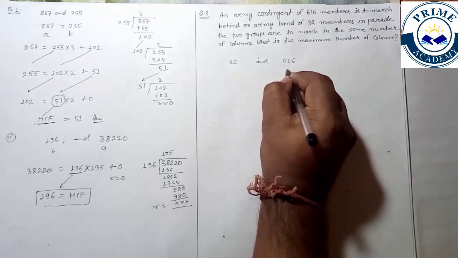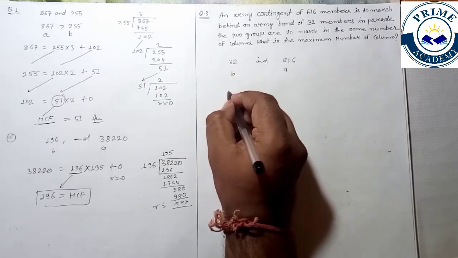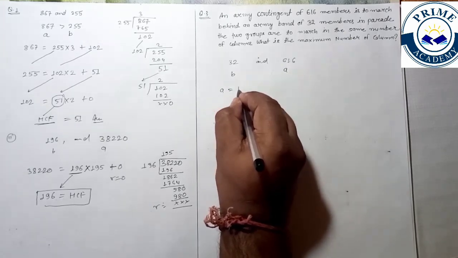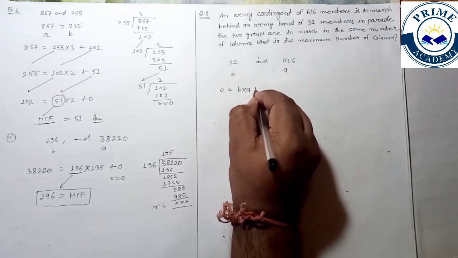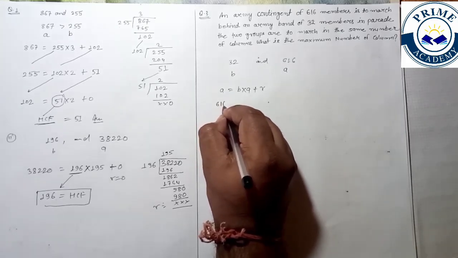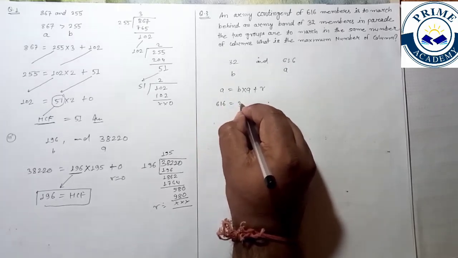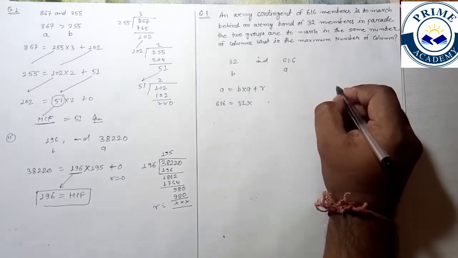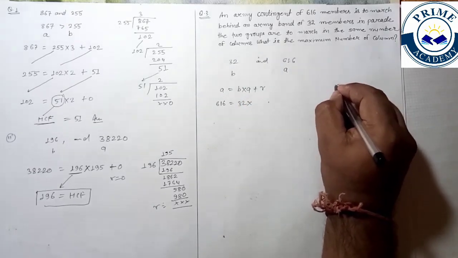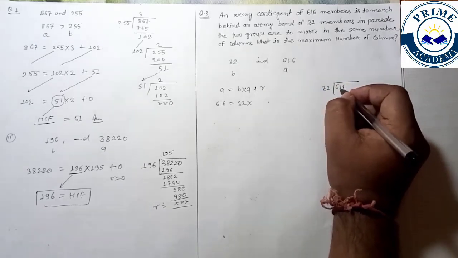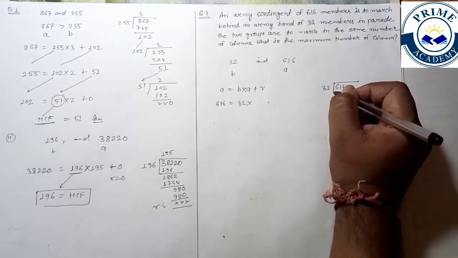So again, this will be A, this will be B. Apply A equals B times Q plus R. In the place of A, I write this; in the place of B, I write this. So what should Q be? How can you calculate now? You just put 616 divided by 32.